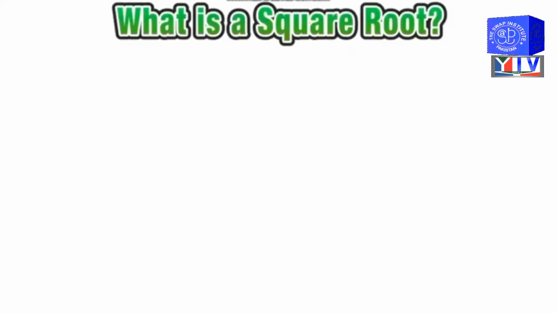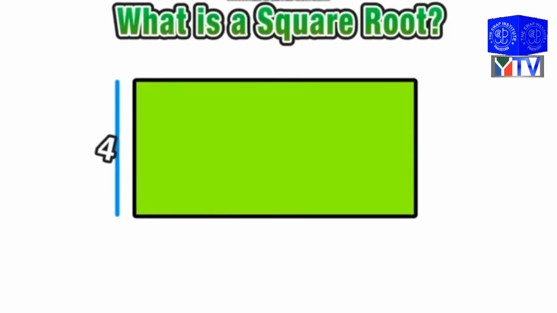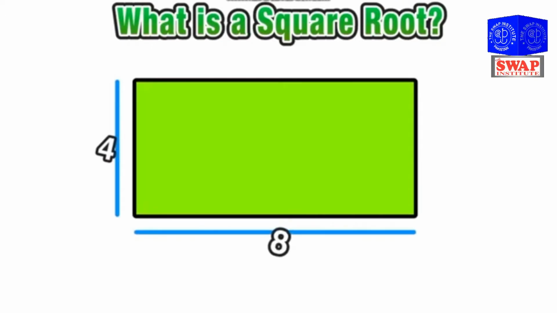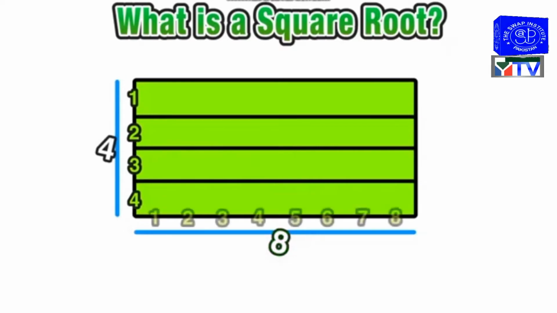We are talking about what a square root and a perfect square are. We are going to start our discussion by looking at a rectangle, and this rectangle has a width of 4 units and a length of 8 units. In terms of area, think of 4 equal side units along the width, and 8 equal side units along the length.